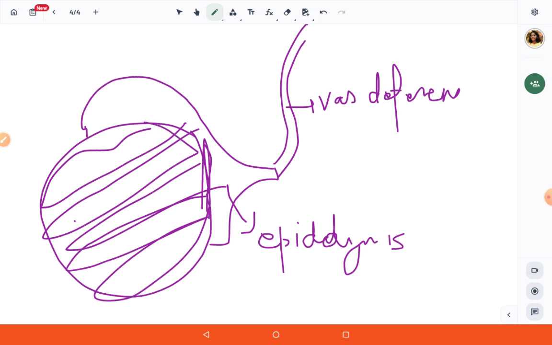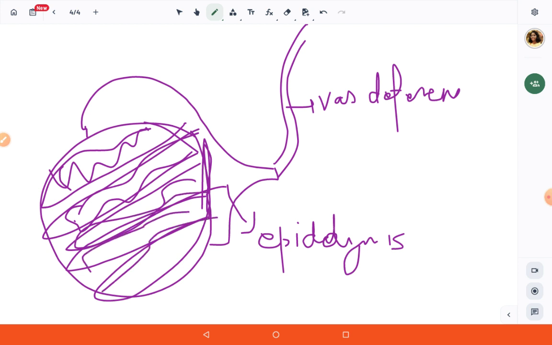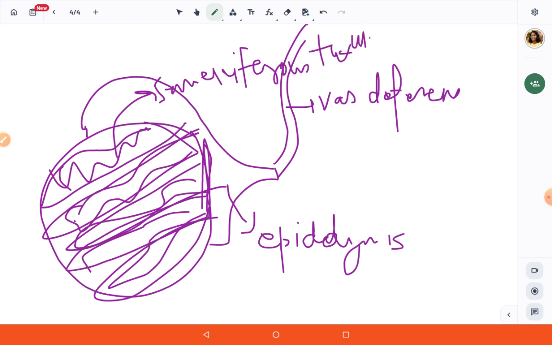They happen to meet at a point. About 250 testicular lobules are there, which consist of pipe-like seminiferous tubules. These are seminiferous tubules. Seminiferous tubules are the site of sperm formation.